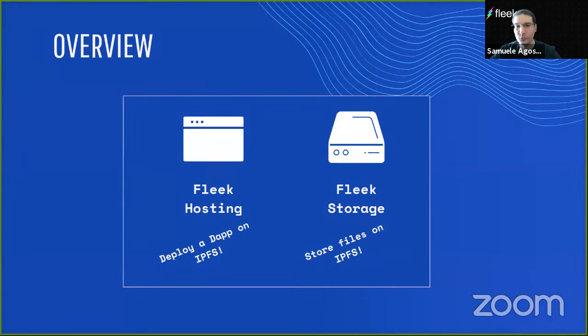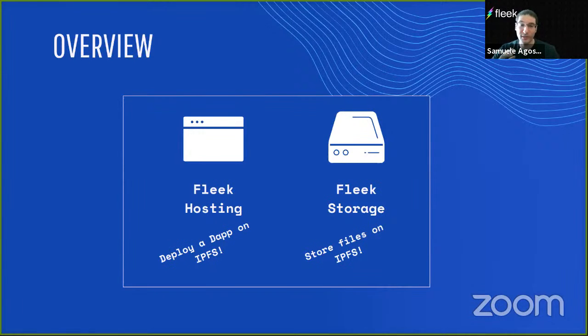So just an overview of the products that we are offering at Fleek that are useful for dApp developers. The first one, and I would say probably the most useful for a dApp developer, is Fleek Hosting. When you create a dApp, very often you have a front end that uses maybe a provider like MetaMask, for example, and you use that to talk to Ethereum. This front end, you need to deploy it somewhere.